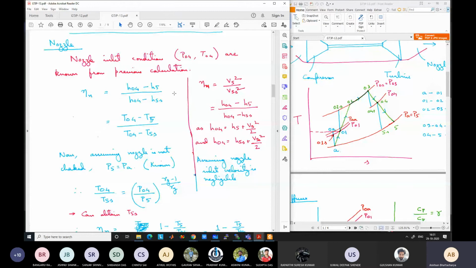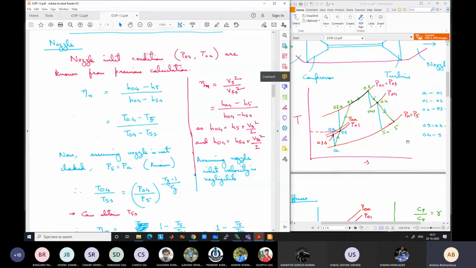It is atmospheric pressure at that altitude, given that the nozzle is not choked. If the nozzle is choked, we will not reach atmospheric pressure. This we will discuss later.